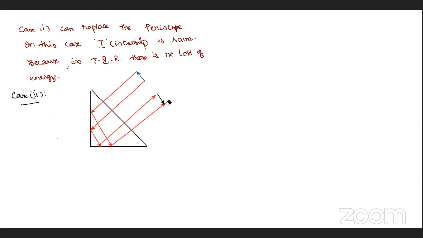Okay, you will get the inverted image, but of the same size. Okay, size of object is equal to, you can write here, size of image. Why? Because there is no magnification we are finding out here. Size of image, but it is inverted.